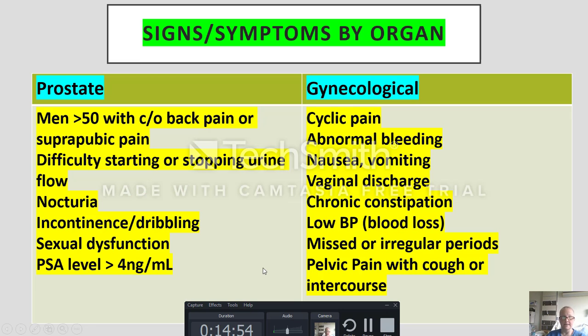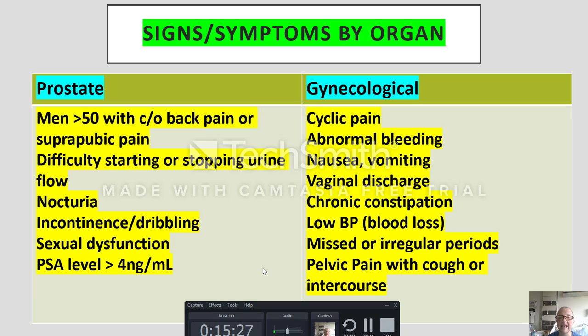Signs and symptoms by organ. Prostate: men over the age of 50 with complaints of back pain or suprapubic pain, difficulty starting or stopping urine flow, nocturia, peeing in the night, incontinence, sexual dysfunction, and a PSA level greater than 4.